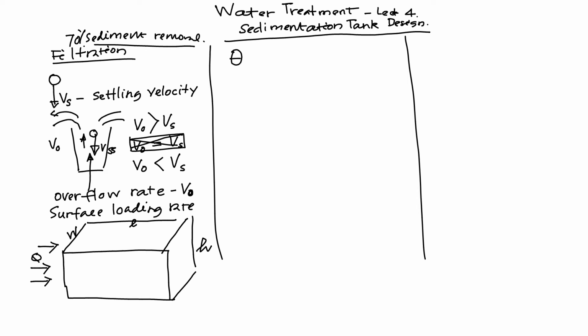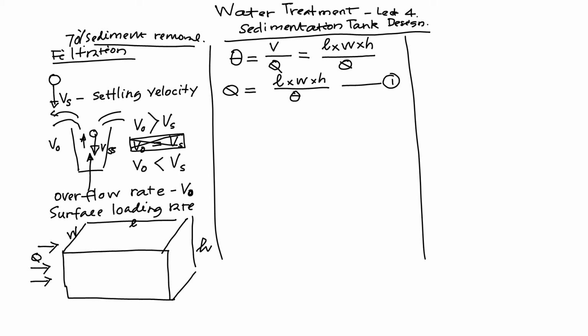The retention time theta is given by V, which is the volume, divided by Q. V is the volume of the tank, which is length times width times height, divided by the flow rate Q. Therefore, Q is given by L times W times H divided by theta. Let's call that equation number 1.